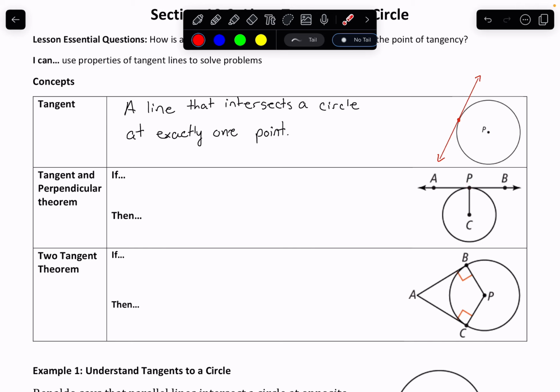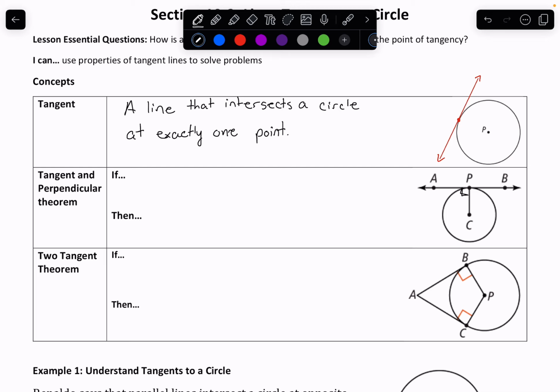Tangent at this point means point P is where that line touches the circle. Then we can say for certain that PC, that tangent point to the center, and AB are perpendicular. There's a right angle there. Always good to find right angles because then we can find right triangles.